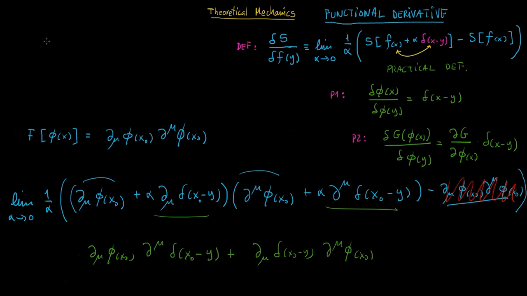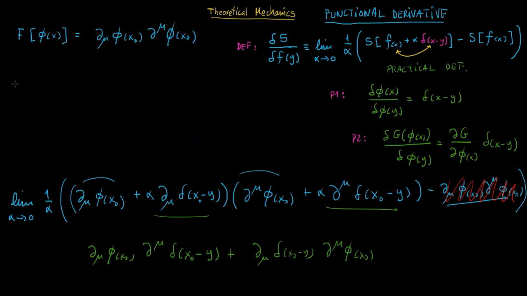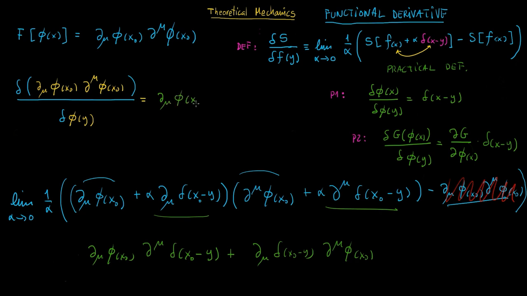So if you have this thing, the functional derivative of, if you want, this thing with respect to phi y will be this: partial mu phi x0 partial mu delta x0 minus y.